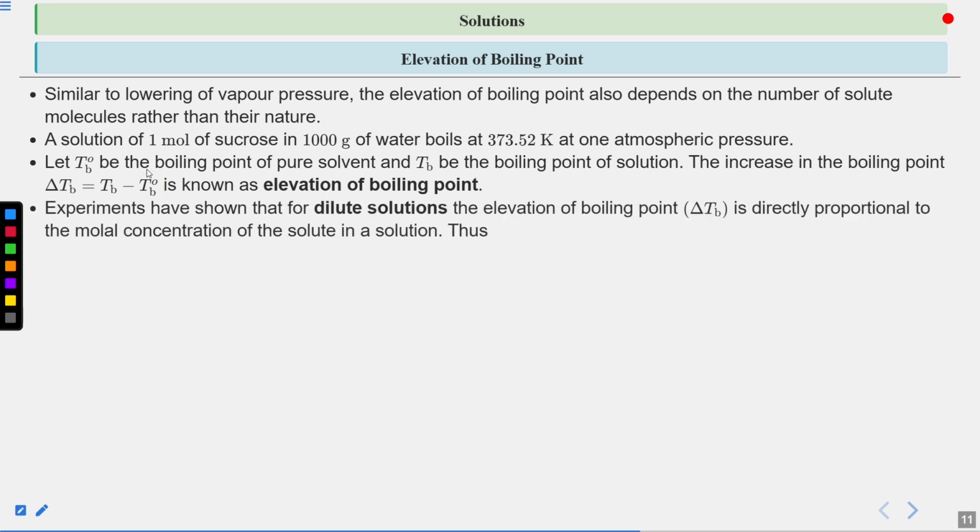The experiments have shown that for a dilute solution, delta TB is directly proportional to the molar concentration of the solute in the solution, or delta TB is directly proportional to the molality. This can be represented with the help of an equation, and then we can remove the proportionality sign with a proportionality constant, which is Kb.